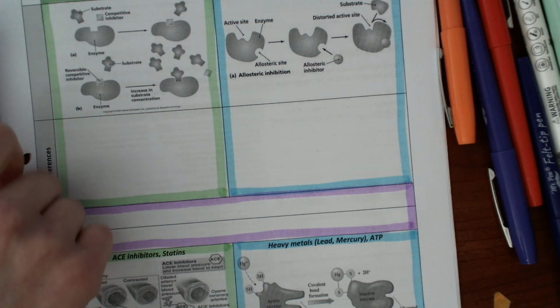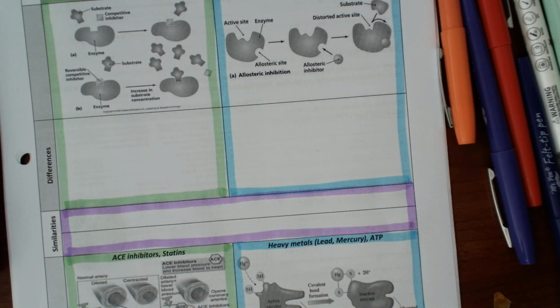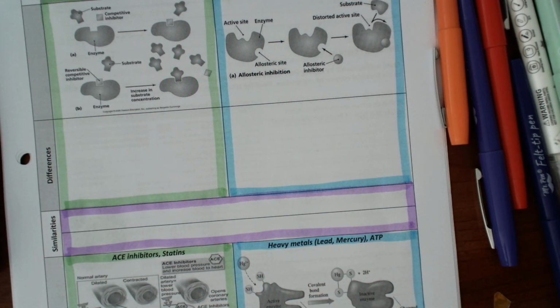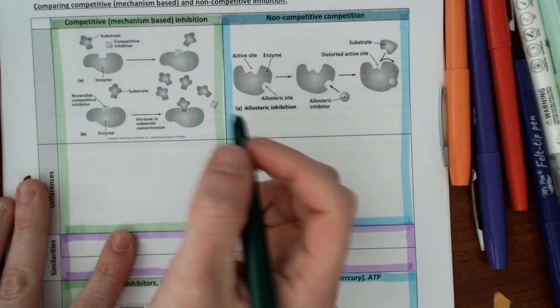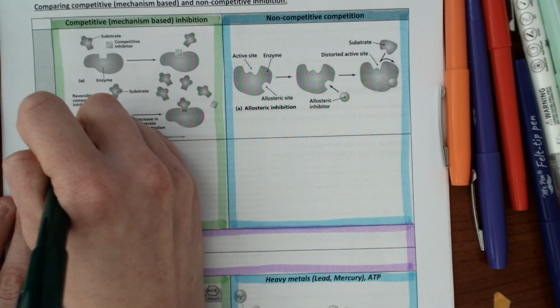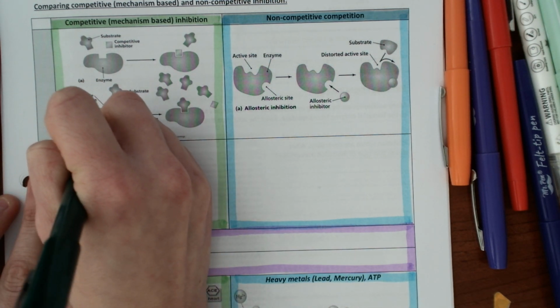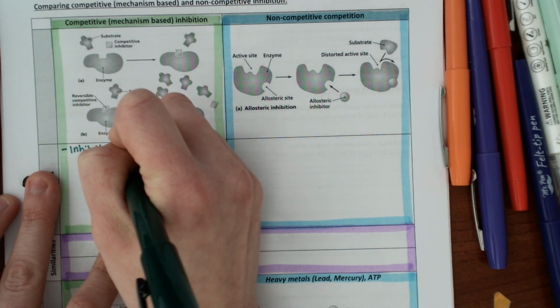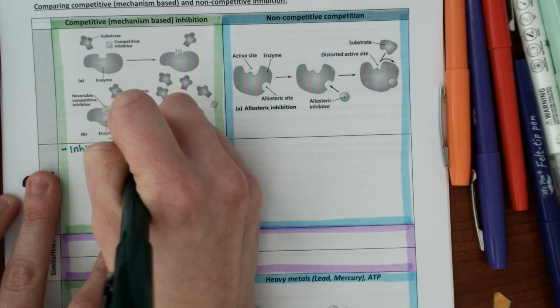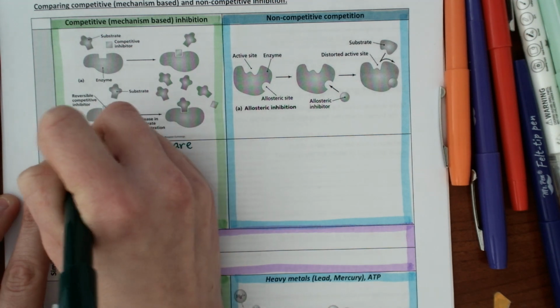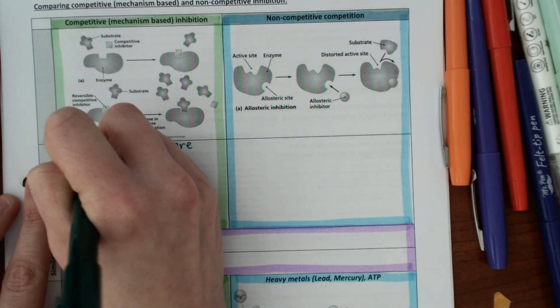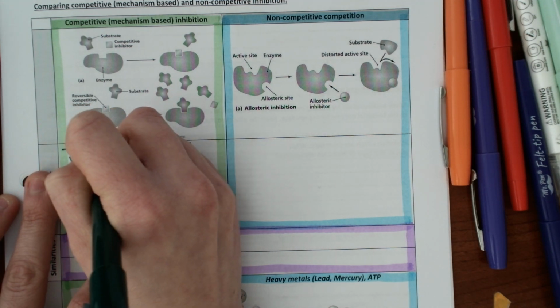Which one to talk about first? What pen do I already have out? I already have green out, so we'll talk about competitive inhibition first. So, in competitive inhibition, your inhibitor and substrate are very chemically similar.